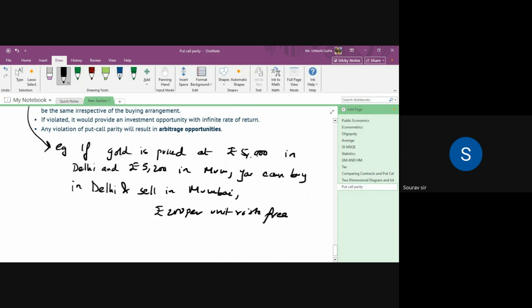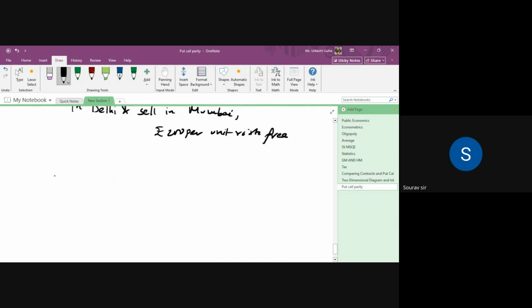And what is the principle of no arbitrage?